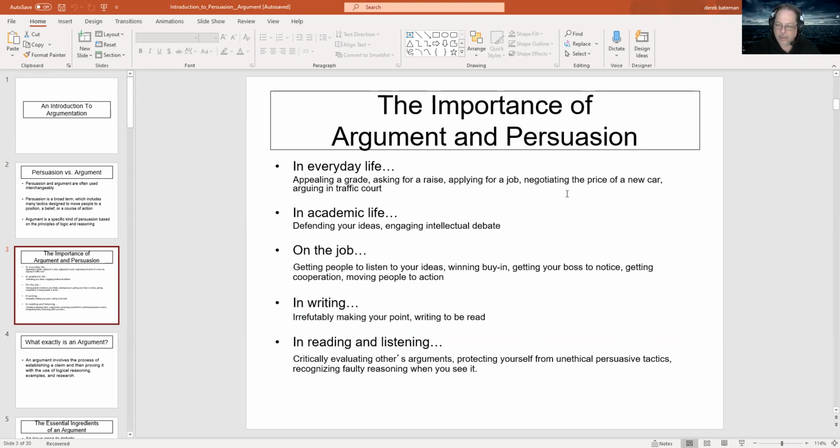Whether you're negotiating the price of a new car, defending your ideas in an academic milieu, getting people to cooperate with you, certainly when you're writing, making your point, and reading and listening. It really is something, if you think about it, we're engaged in at all times to some degree or another.